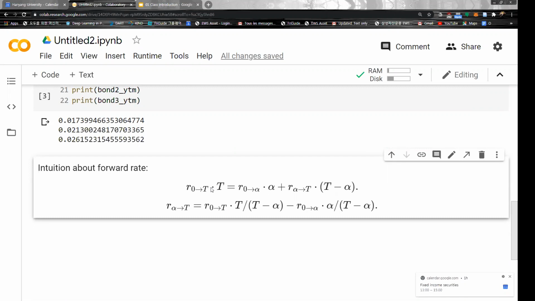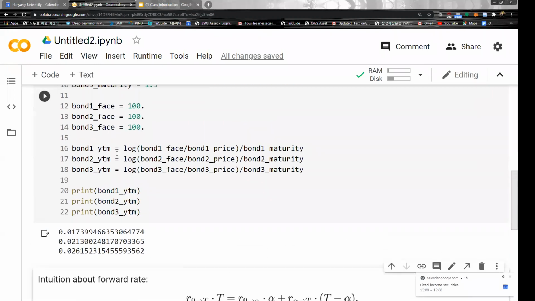And then we are interested in the forward rate for the future time from alpha to big T. To calculate the second part, we can just move things around and divide each side by the future period. So we use this one. How can I do it? Forward rate.